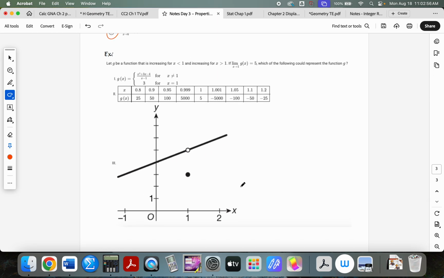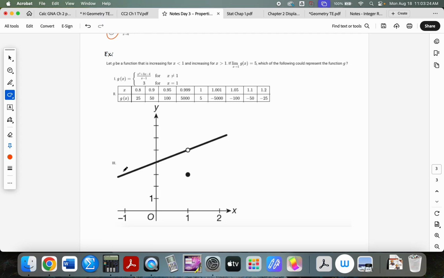All right, let g be a function that is increasing for x less than 1 and increasing for x greater than 1. Okay. If the limit as x approaches 1 of g of x is equal to 5, which of the following could represent the function g? Well, let's skip down and do the graph first.